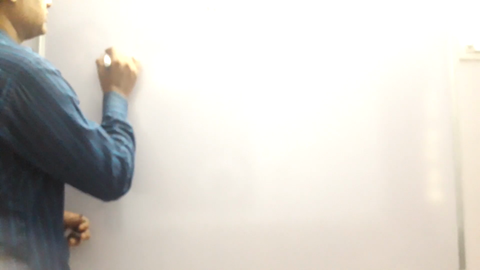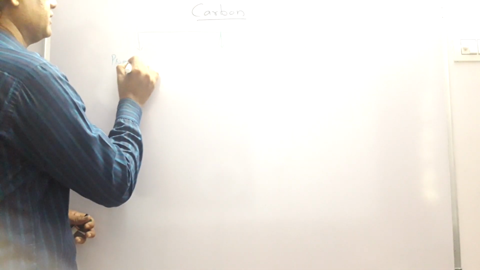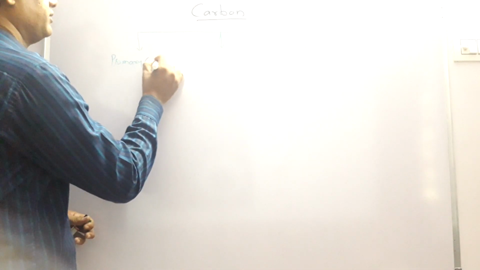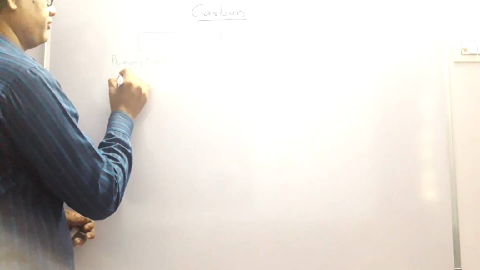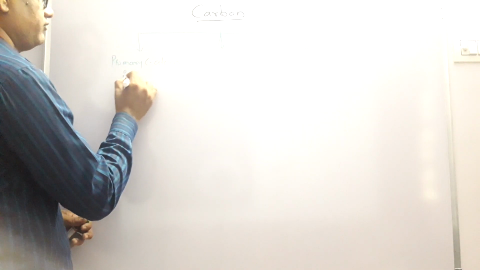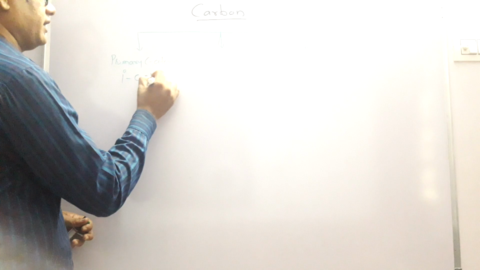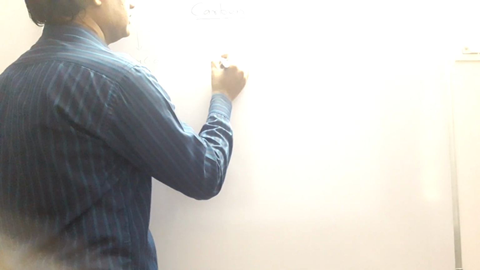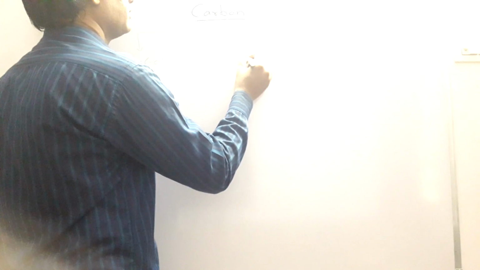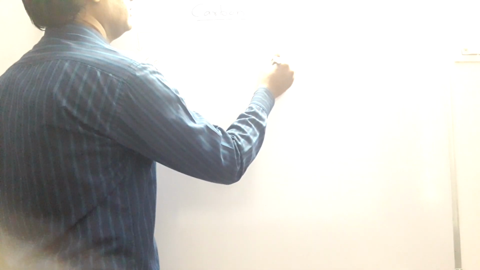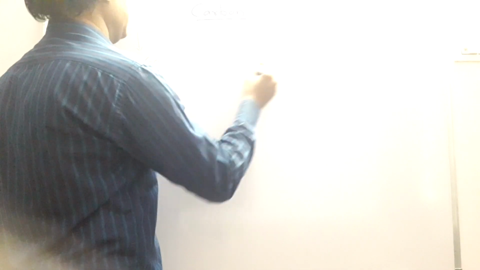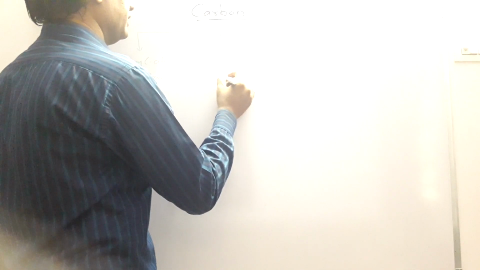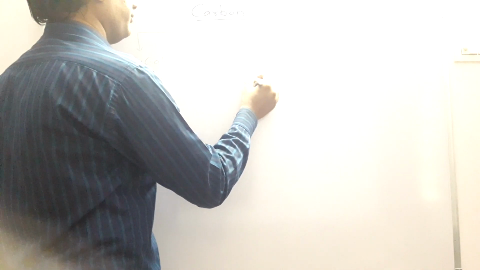Number one is primary carbon atom, or we can also denote it as a 1 degree carbon atom. The other carbon atom is called secondary carbon atom, or it is denoted as 2 degree carbon atom.